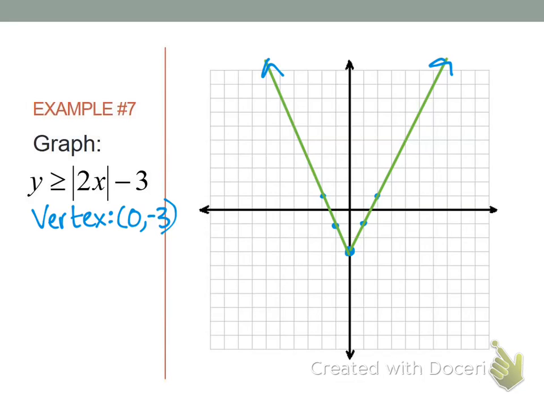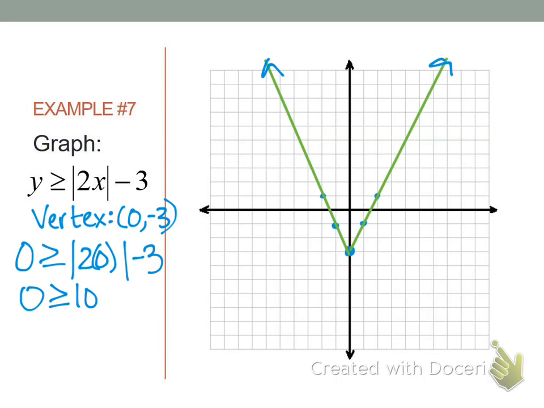Well, let's test a point. What point should we test? 0. If I plug in 0 for x and for y: 2 times 0 is 0, the absolute value of 0, then 0 minus 3, negative 3.